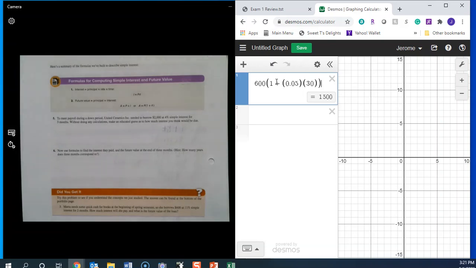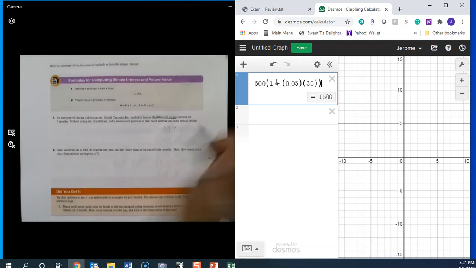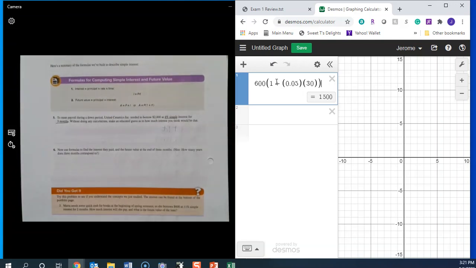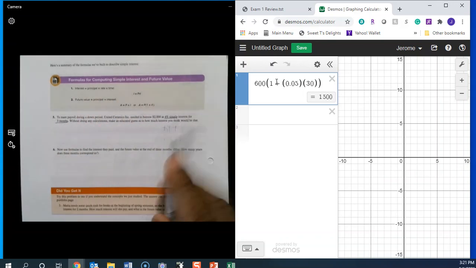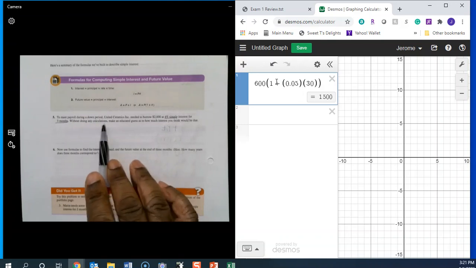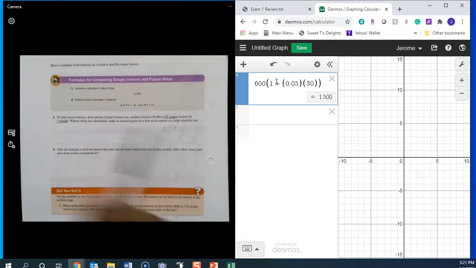Okay, listen. It's 4%, 3 months. Now, if we look at this, 3 months is a fourth of a year, because it's 12 months in a year. So basically, what I would think is, because it tells us here, without doing any calculations, make an educated guess.